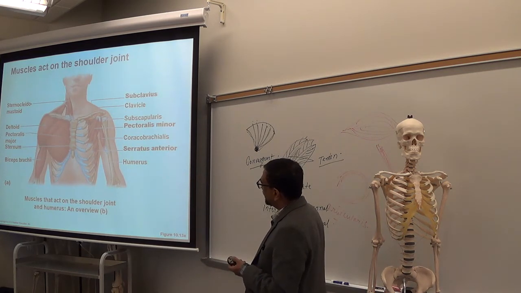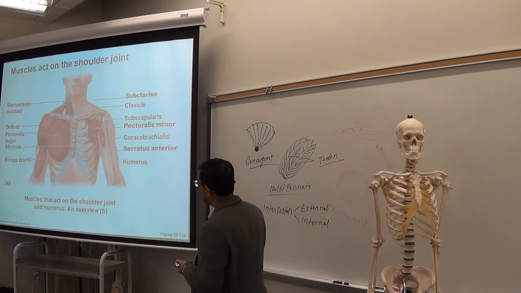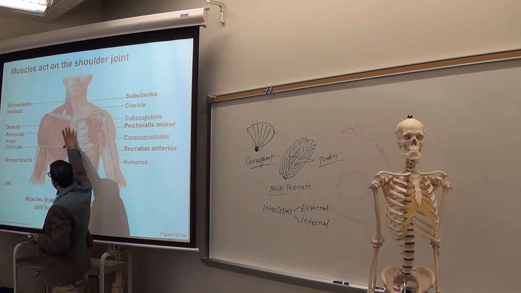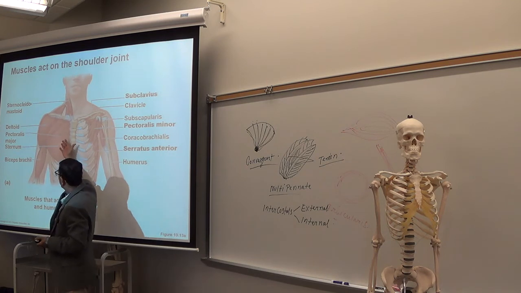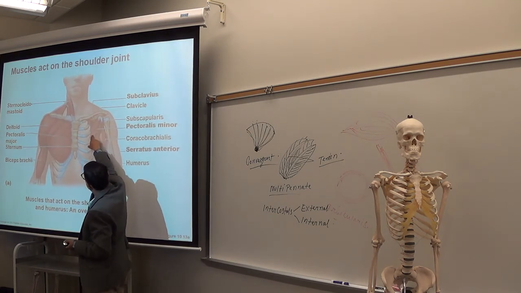Here, this slide is off. We talked about the thoracic muscles, respiratory and non-respiratory. So respiratory muscles I have mentioned, intercostals and diaphragm. And these are non-respiratory muscles. The main one in the chest is pectoralis major, I have mentioned. Under that, if you remove the pectoralis major, you will see pectoralis minor, the smaller one.